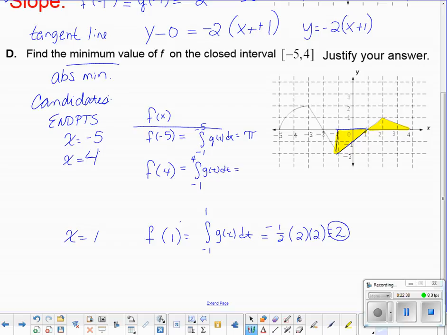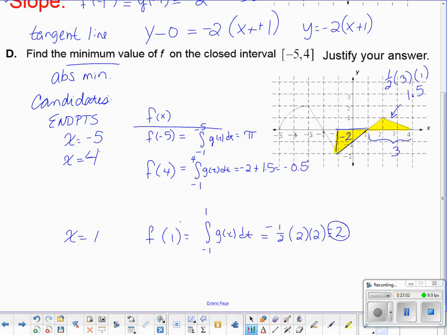And I'm going to break it down. I know that this has a region of negative 2, and this region here will be 1/2, the base is 3, the height is 1, so that will be 1.5. With the negative 2, so I'd have negative 2 plus 1.5 gives me negative 0.5.